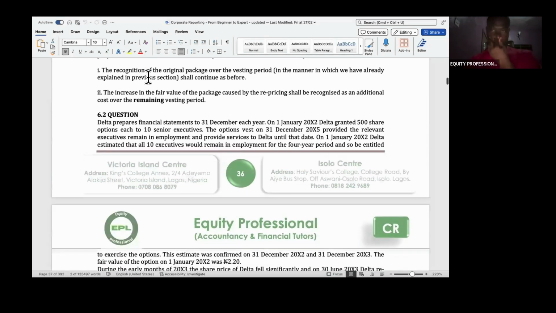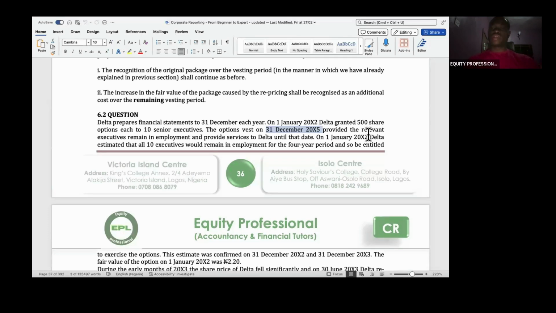So look at this question. Delta prepares financial statements to 31st December each year. On 1st January 2002, Delta granted 500 share options each to 10 senior executives. The option vests on 31st December 2005, provided the relevant executives remain in employment and provide services to Delta until that date.